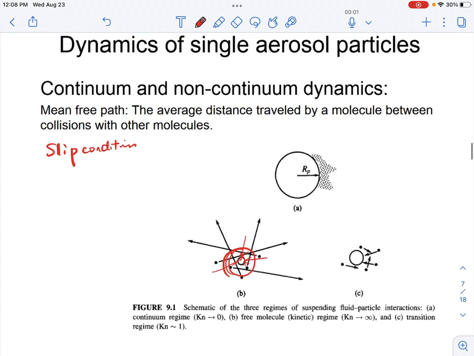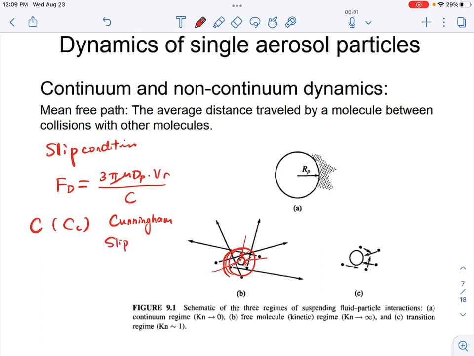So people introduced another factor to correct the drag force calculated by Stokes law, 3 pi mu dp multiplied by Vr, and then you divide that by C. The C here, or sometimes people use Cc, is the Cunningham slip correction factor.